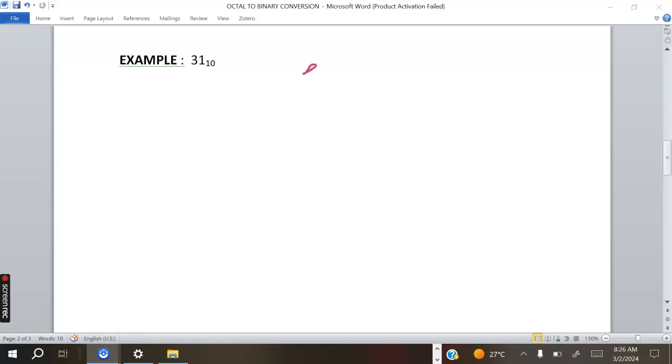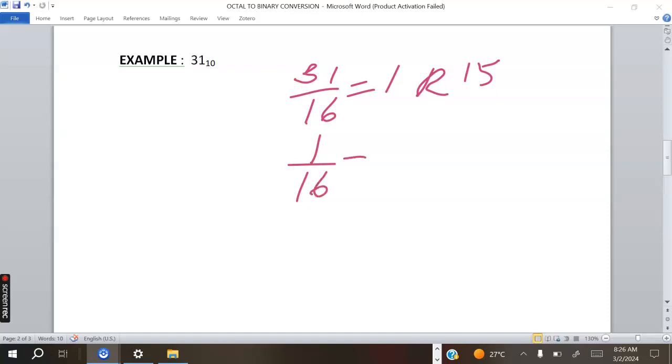We have 31 divided by 16, which gives 1 remainder 15. Then the next part, we have 1 divided by 16, which gives 0 remainder 1.